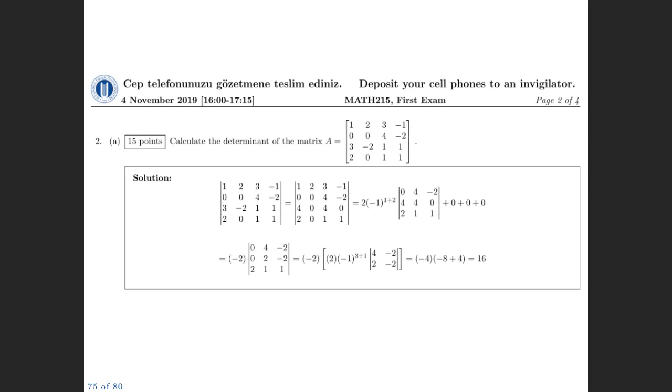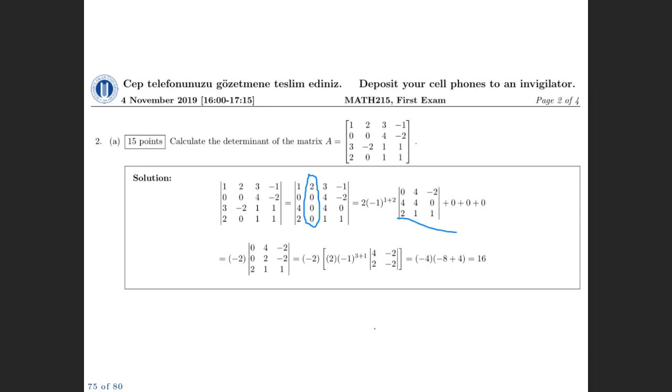So your techniques are either to do cofactor expansion along a row or a column, or use row reduction, or use a mixture of those 2 methods, which is what's done here. The person that wrote this has used row reduction so that column 2 has 3 zeros, and then they're doing cofactor expansion along the second column.